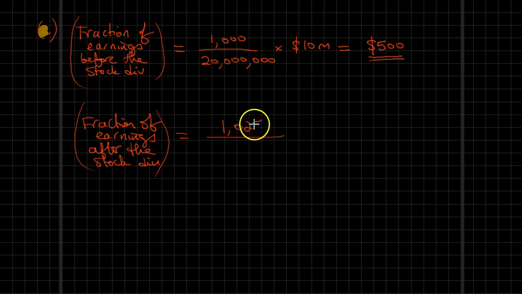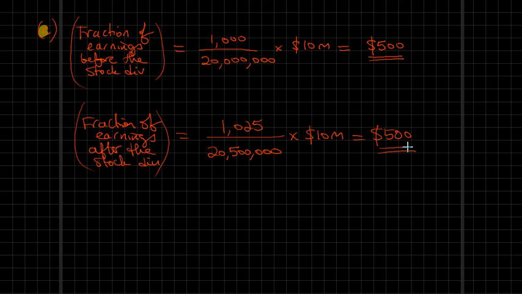My shares have increased by 25 shares. There are now more shares outstanding overall as well, and the company still makes the same profit of $10 million. And guess what? My fraction of earnings after the stock dividend did not change at all.